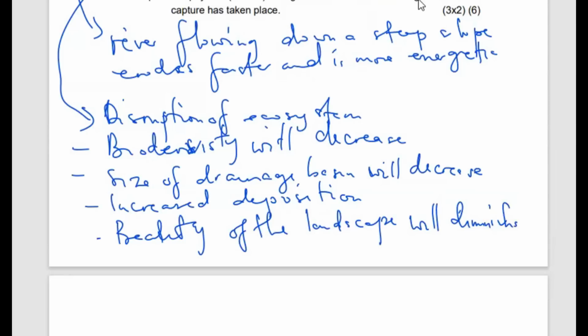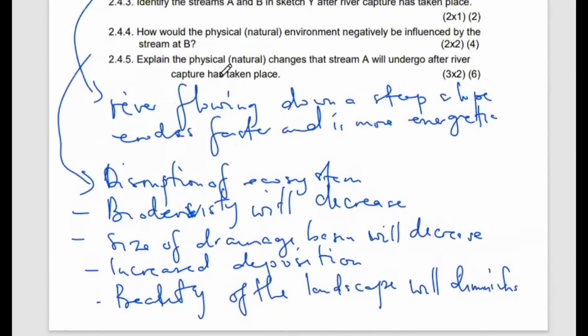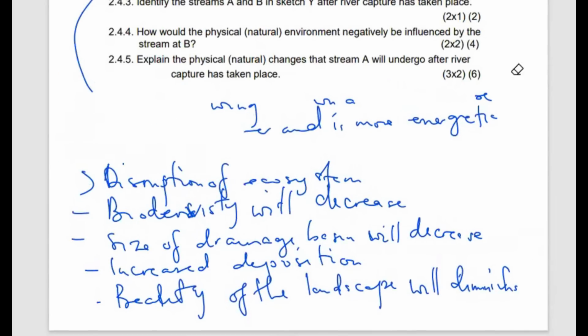Those are some of the implications on the environment because of stream piracy happening, and apparently because of loss of water in stream B because of stream capture, which has happened upstream.